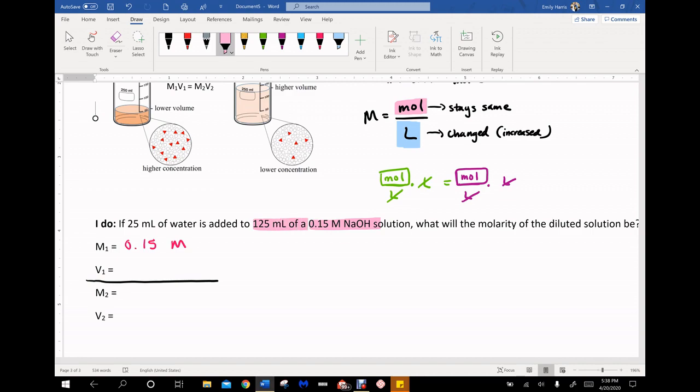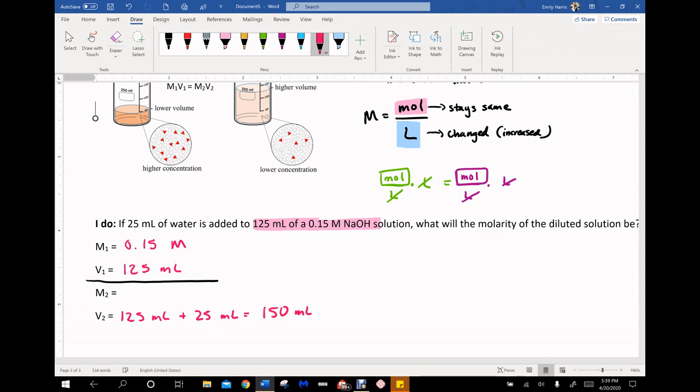So that means we are starting with the 125 milliliters, and we're going to be adding some additional water to it. What that does is help us figure out the second volume. If we take 125 milliliters and add 25 milliliters, that gives us a total diluted volume of 150 milliliters.